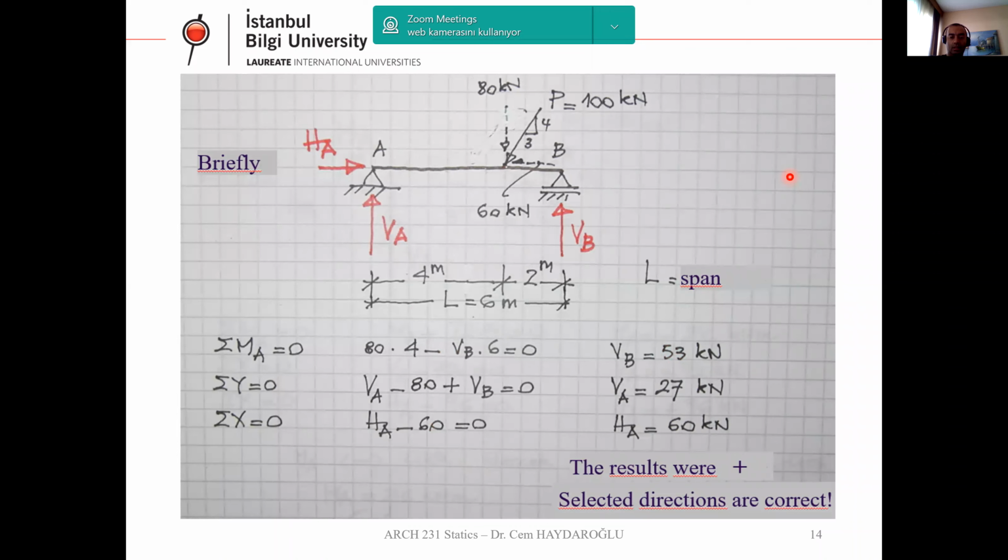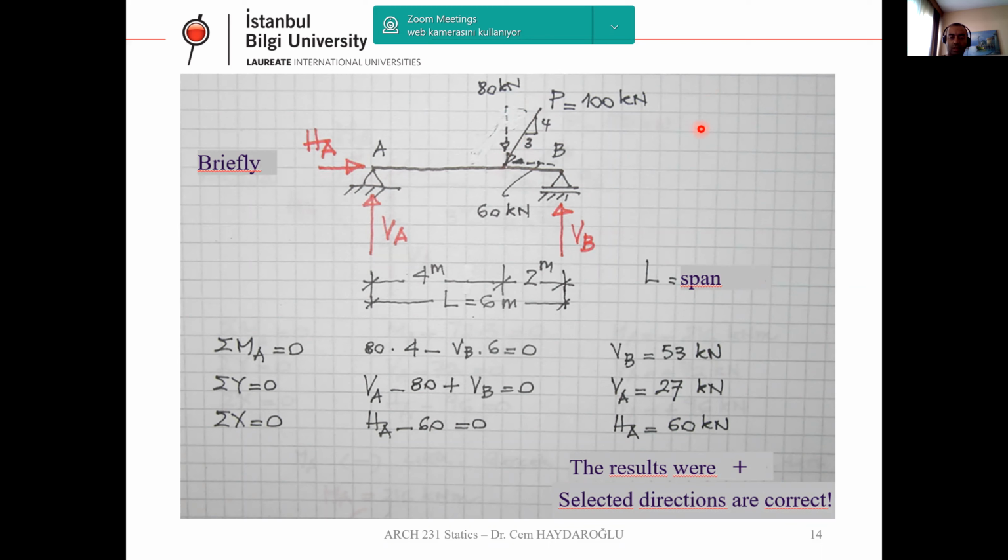Okay, let's solve an example. Here you can see we have a simple beam, pin support, roller support. On this beam we have a sloped concentrated load.